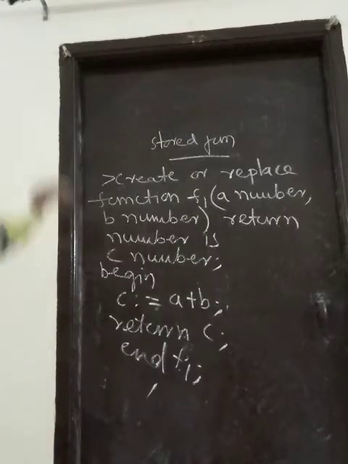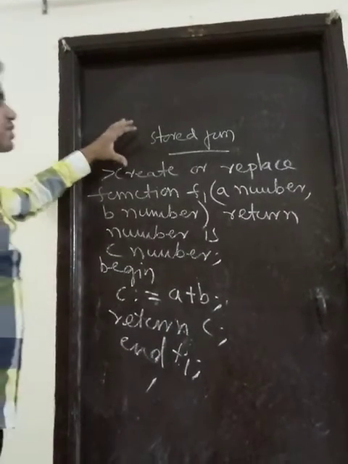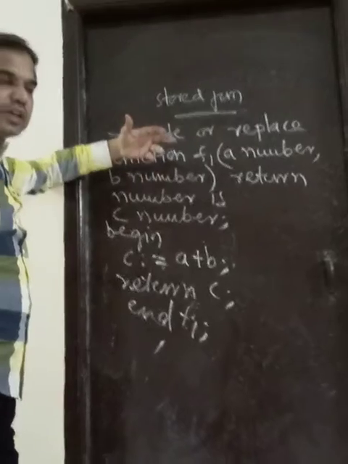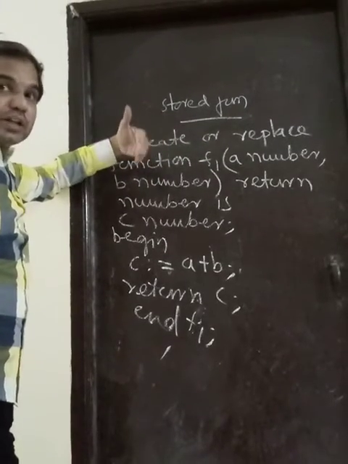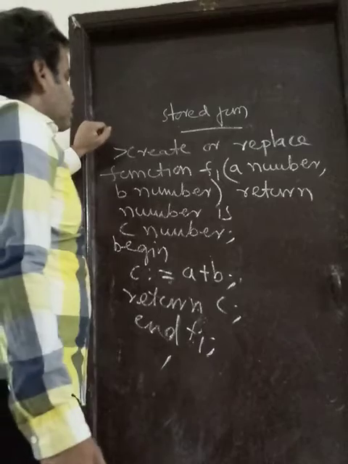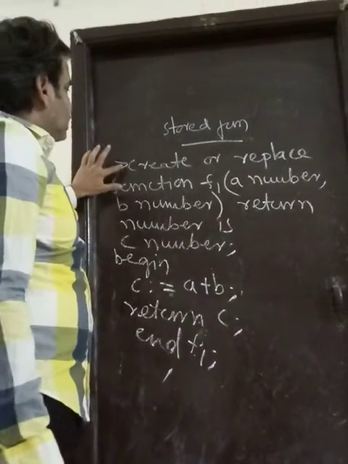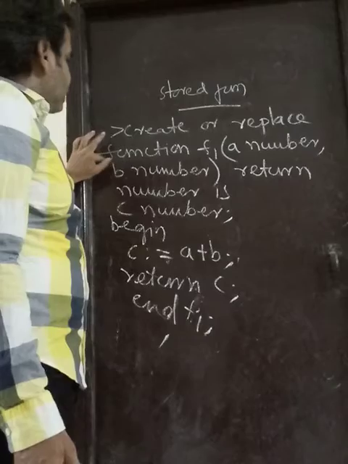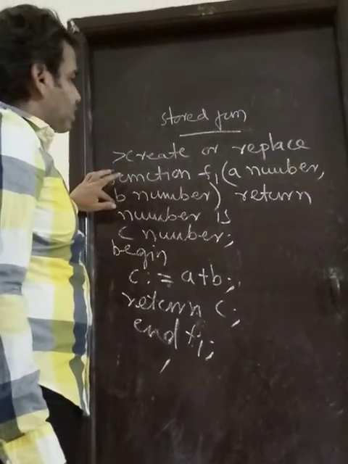Okay, so here the stored function will receive and return. It should have a return statement where it will return. It will return to another program. So how we are declaring is the same specification as a procedure. Create or replace function F1 A number B number return number is.